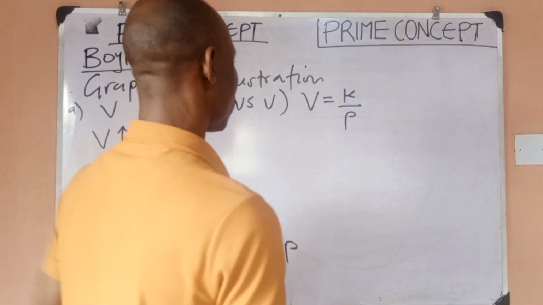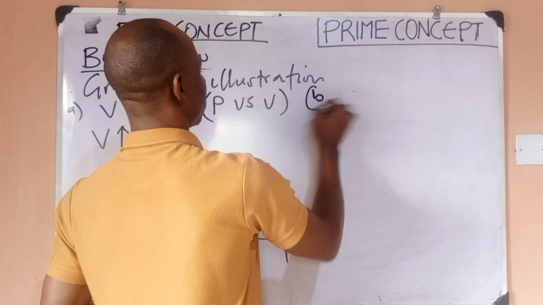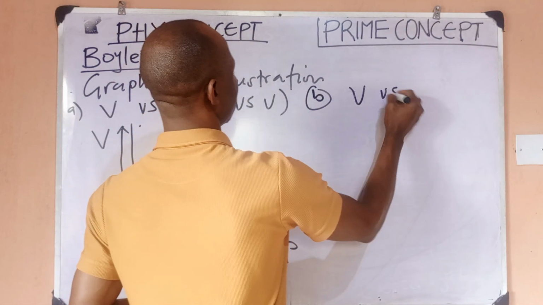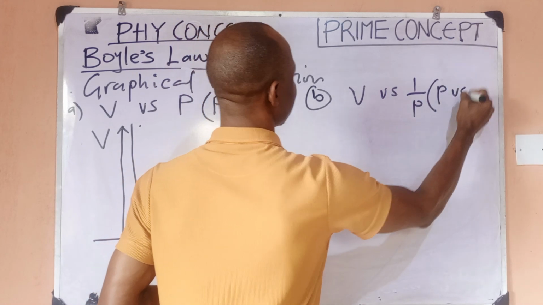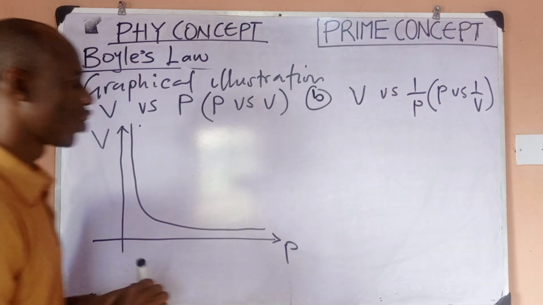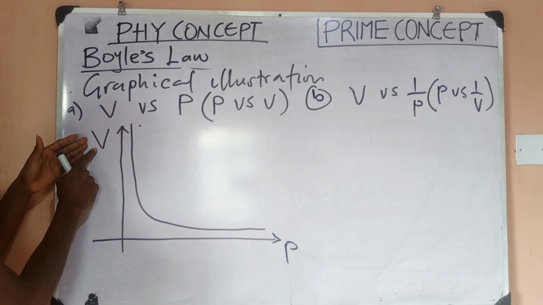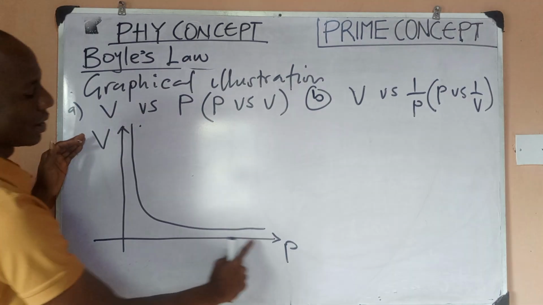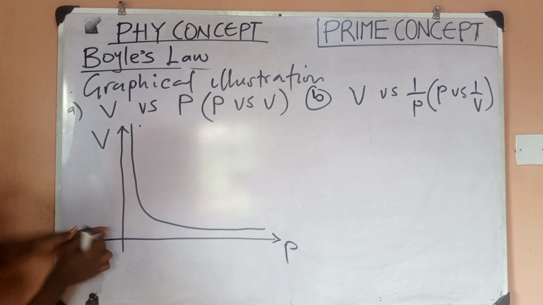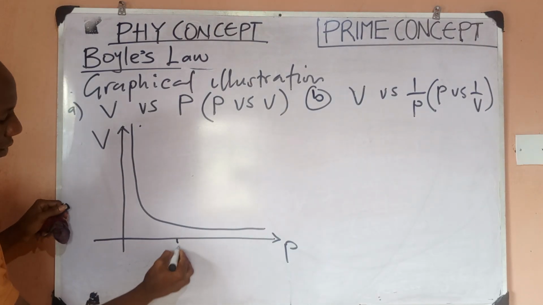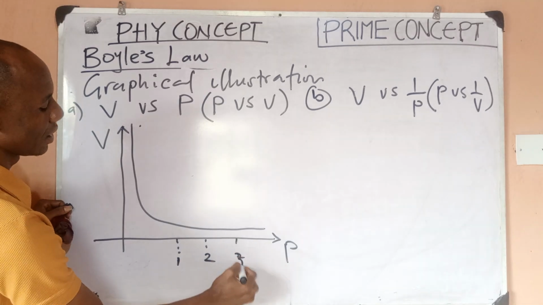Now the next I want to consider is a graph, that is number B, a graph of volume versus 1 over pressure, which is going to be the same as pressure versus 1 over volume, still the same shape. Because this first one simply illustrates the fact that as you are increasing the pressure, the volume is doing what? It is coming down, you can see. At this particular point, let's say this is 1, this is 2, this is 3, and so on.